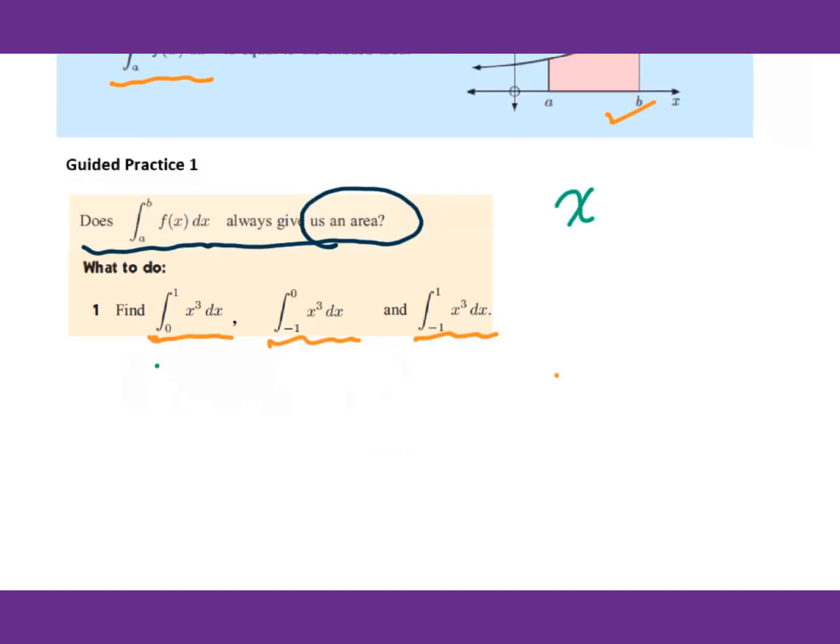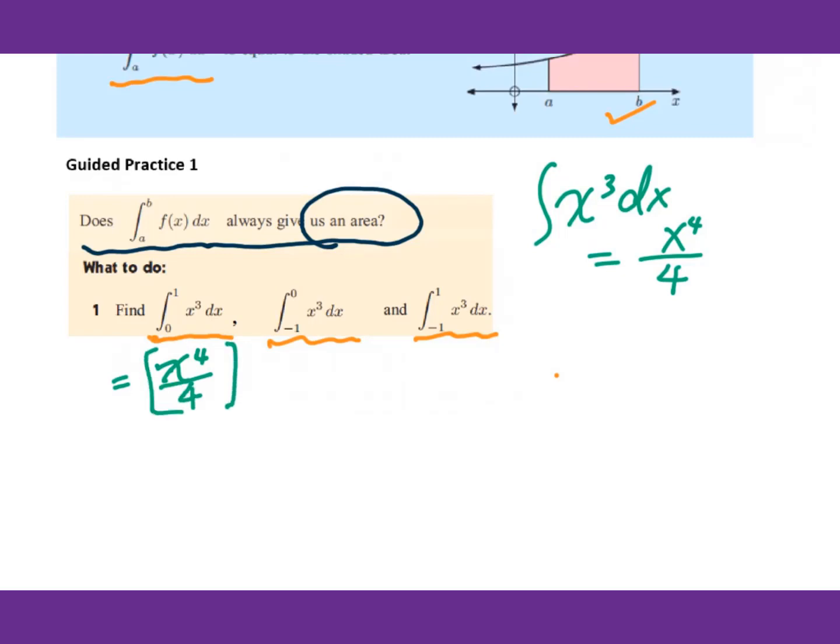We know x to the third power, that's indefinite integral, equals x to the fourth power over 4. So for number 1, I can write down x to the fourth power over 4 from 0 to 1. You will get 1 over 4.